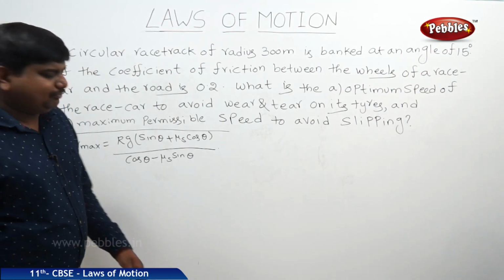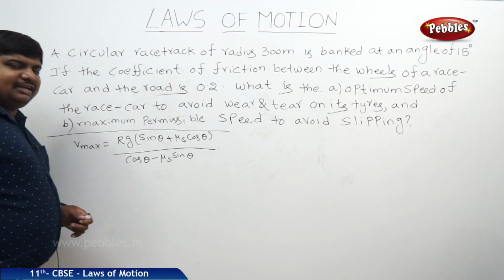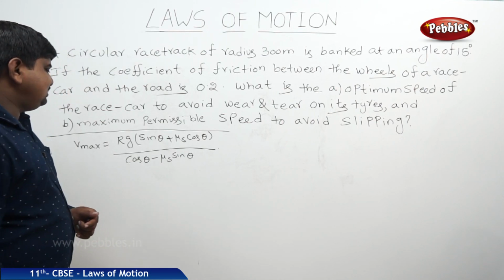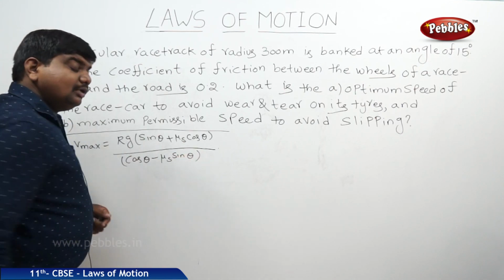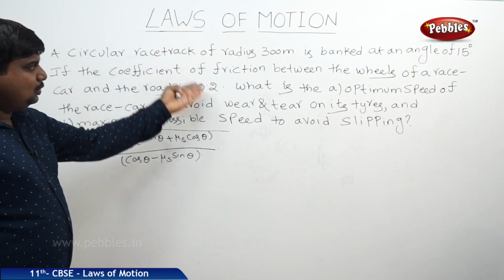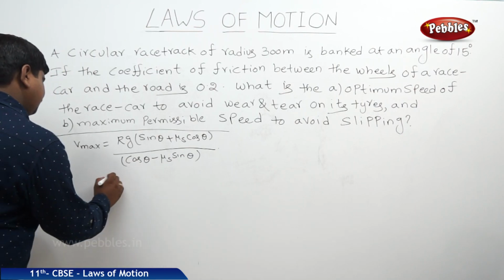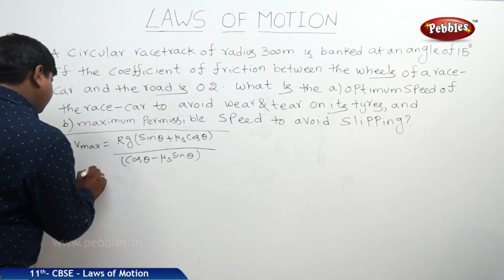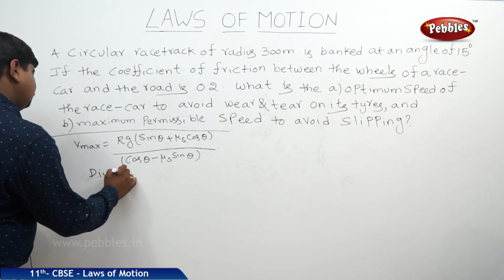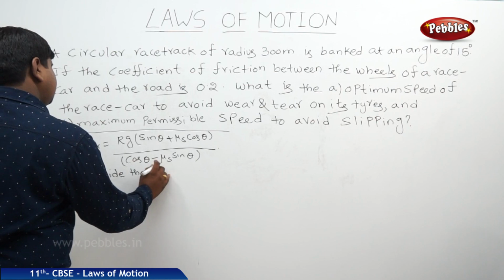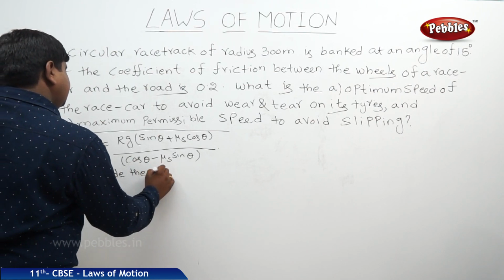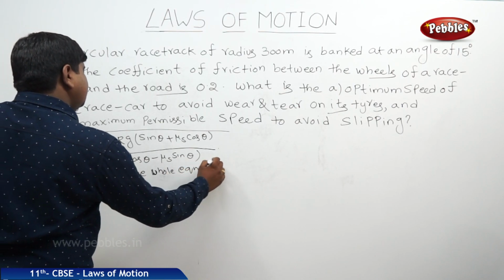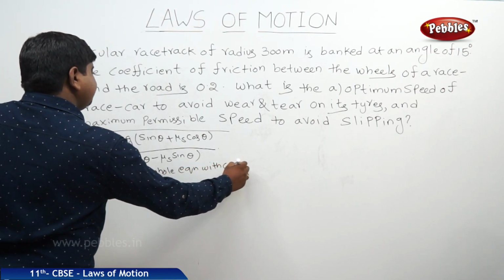We know the standard equation: v max is equal to the square root of Rg into sin theta plus mu s cos theta by cos theta minus mu s sin theta. We should simplify this equation to solve this problem. So let me divide the whole expression by cos theta.